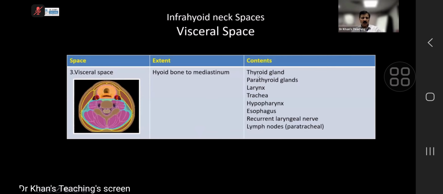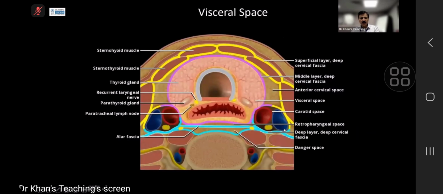And it has got thyroid gland, parathyroid gland, larynx, trachea, hypopharynx, esophagus, recurrent laryngeal nerve, and lymph nodes. So this is the thyroid gland, parathyroid gland. This is the trachea. This is the esophagus. These are muscles which are, look at the name, sternohyoid, sternothyroid. These are the muscles which are known as strap muscles.